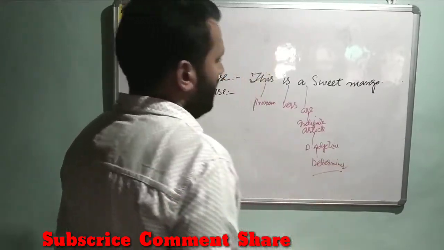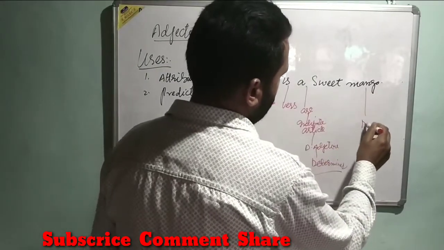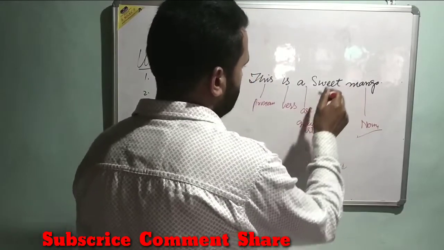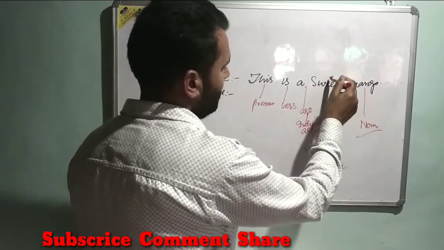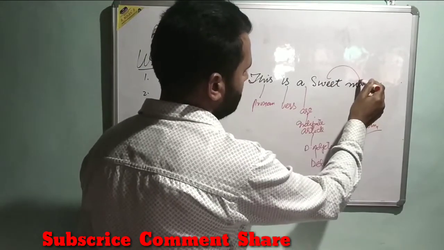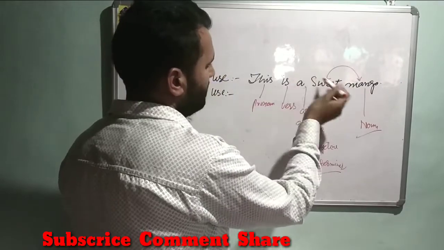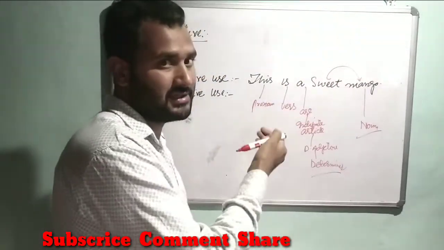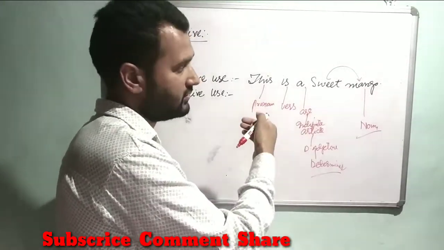Okay, now see, this is noun, and sweet mango. So this word is having connection with this very word, mango. Sweet alone is developing some sort of nonsensical connotation over here.